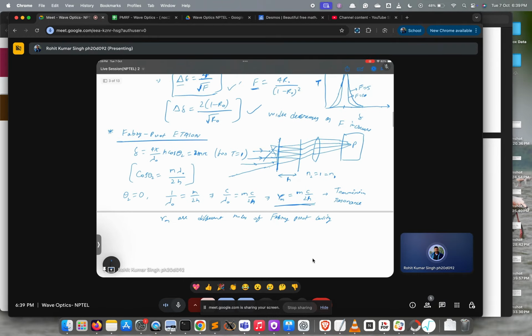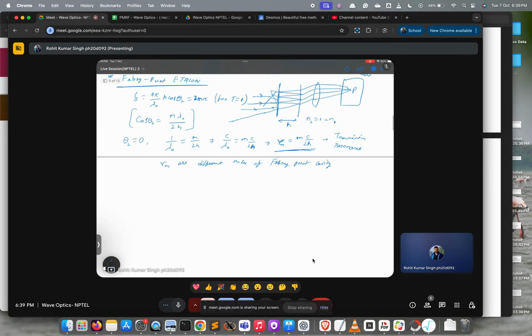Let me show you what I mean. Take a Fabry-Perot, for example, where the distance between the plates is 10 centimeter. Suppose you have a spectral width like this.